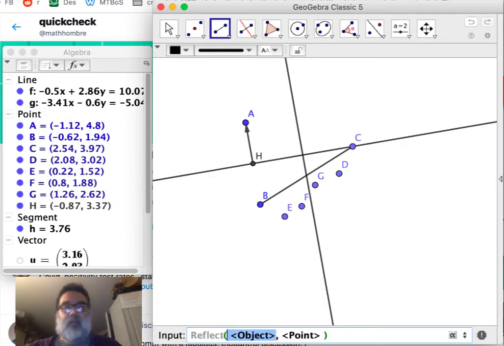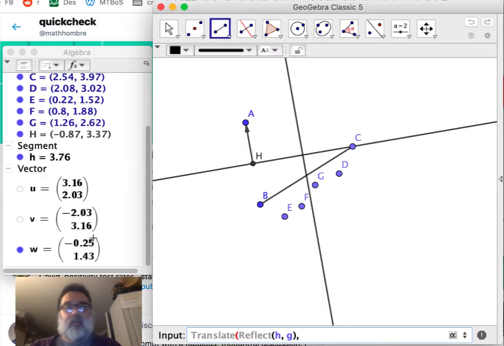That's segment H. And even though it says point here, I can fill in a line. So I'm going to put line G. And it's showing me what it would be. But then I want to translate it. That goes translate your object by a vector.